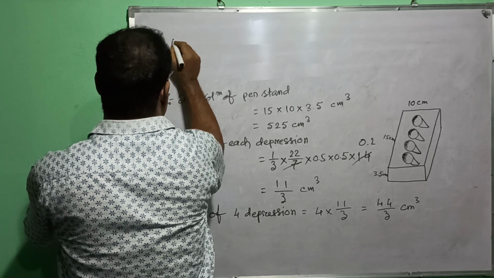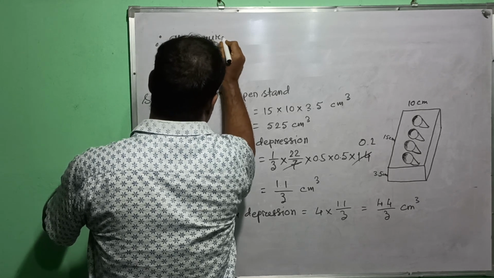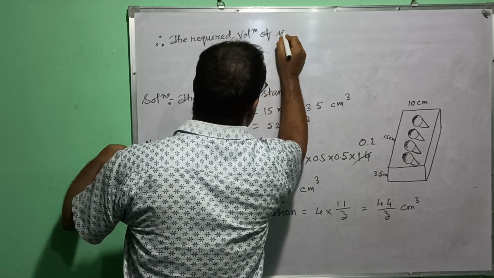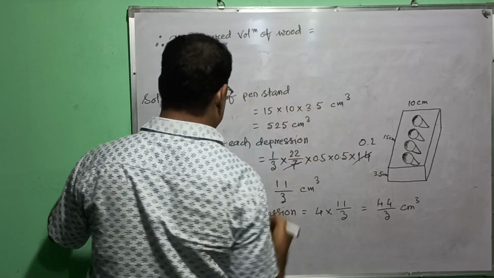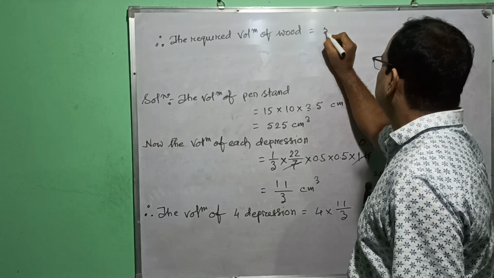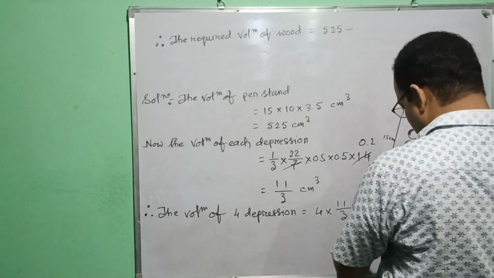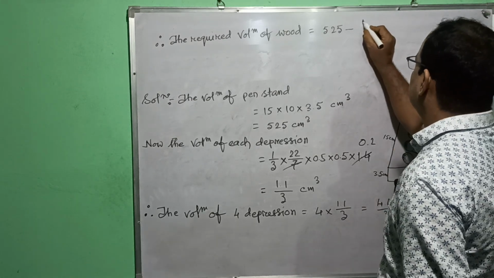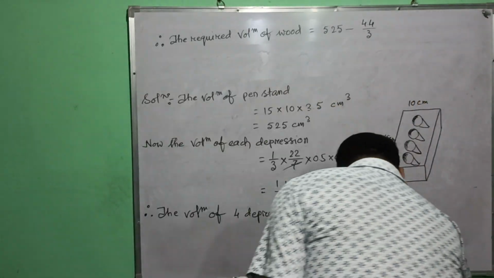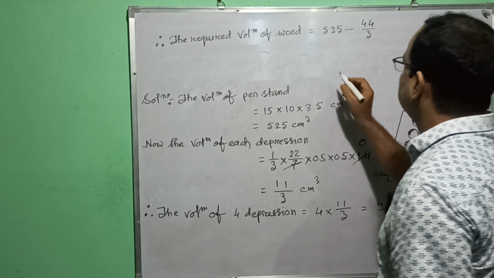Therefore, the required volume of wood equals the total volume, which we found as 525, minus the volume of the 4 depressions, which is 4.4 by 3.